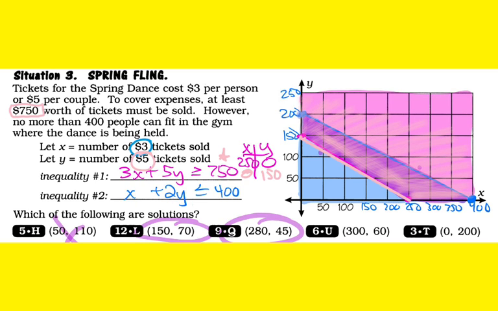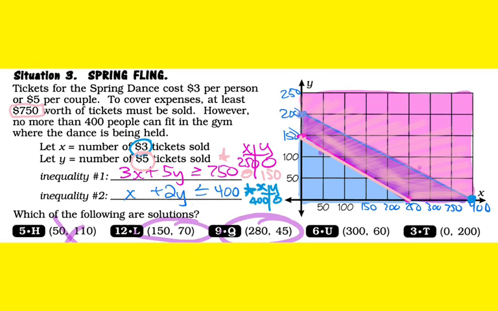And then the other is how many people you're allowed to fit in the gym. And the gym has a limitation of 400 people. So how many tickets can you actually sell, making sure you do not cross that boundary? So again, I use my X and Y intercepts. And if Y is 0, so I only use $3 tickets, I can sell 400, right?